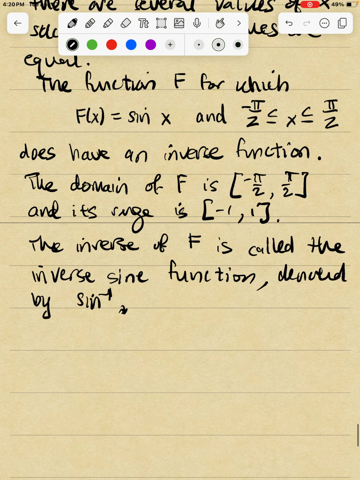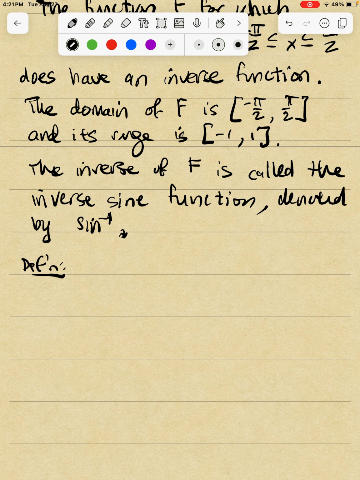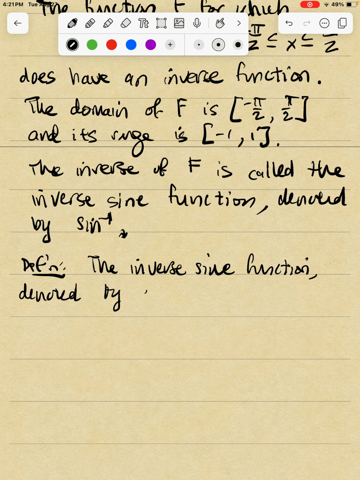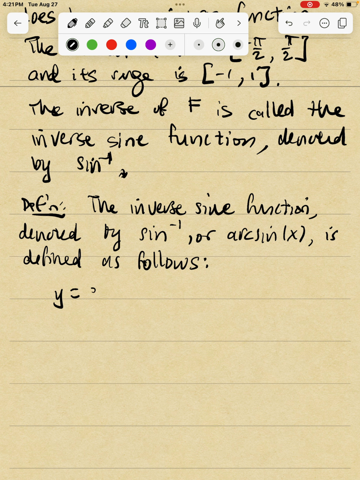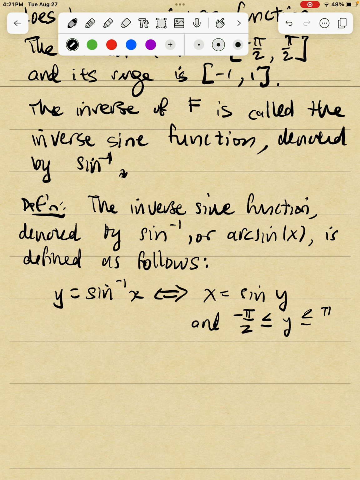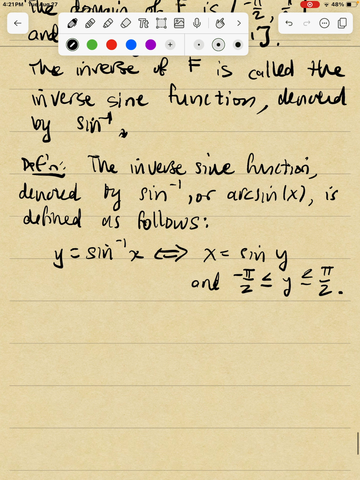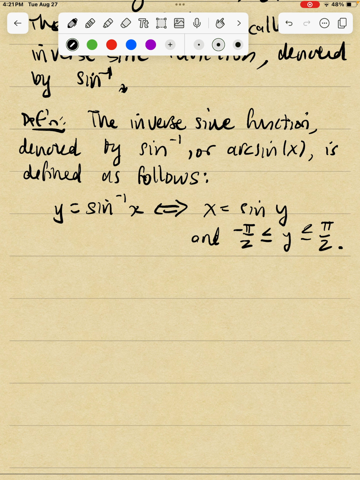So, to clarify exactly what we mean, the inverse sine function, denoted by sine to the minus 1 or arc sine, is defined as follows. y is equal to arc sine of x if and only if x is equal to sine y, and y is between negative pi over 2 and pi over 2.